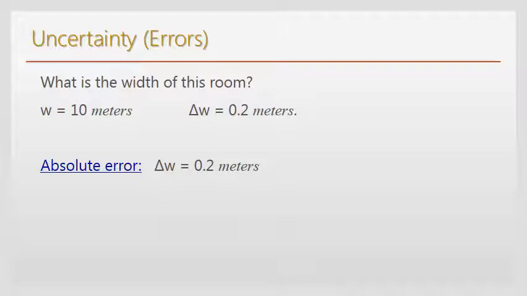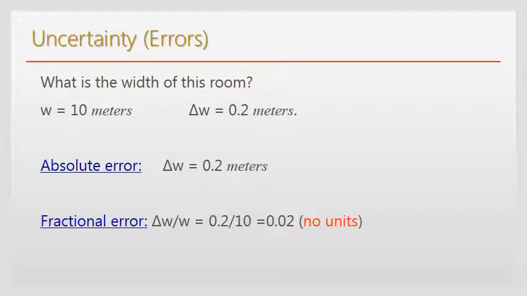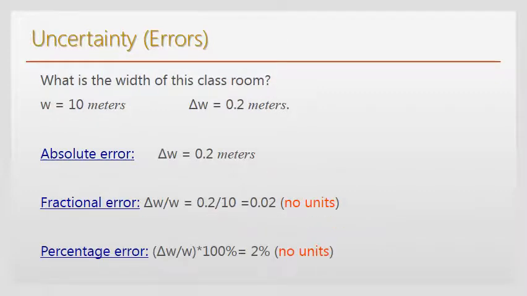The fractional error, which is the ratio of the absolute error to the width, has no unit, and is going to be 0.02. If we want to find the percentage error, we just multiply the fractional error by 100. So we'll get 2% of error in the width measurement.